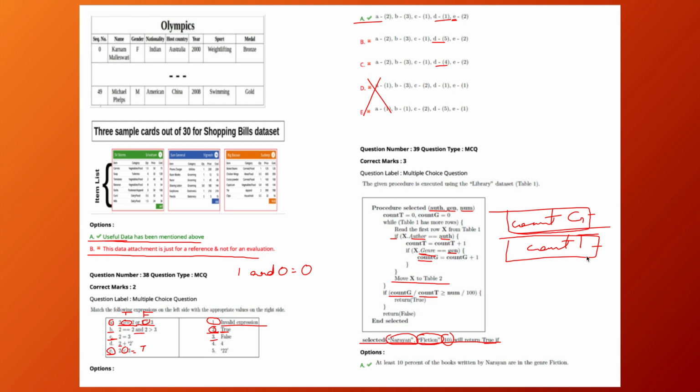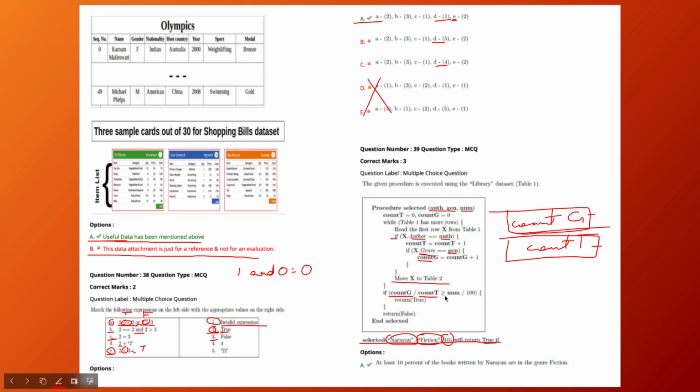If you guys can just comprehend this question, it's basically a fraction, the fraction of books that are fiction to the entire books that are written by Narayan. So that's the fraction that we're counting here, and if that fraction is greater than or equal to 10%.